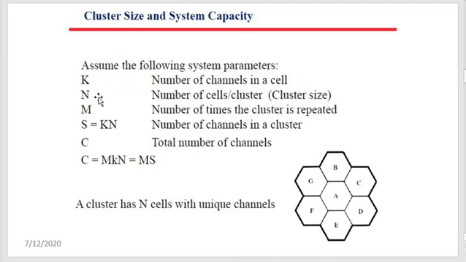So each cell will get 200 channels. Understood? M is the number of times the cluster is repeated. Now after allotting this, our 600 channels are all exhausted. Now I will make another cluster here, and allot the same frequency pattern as allotted here to this cluster. See here.